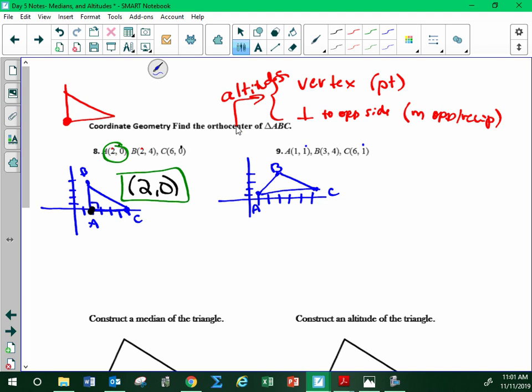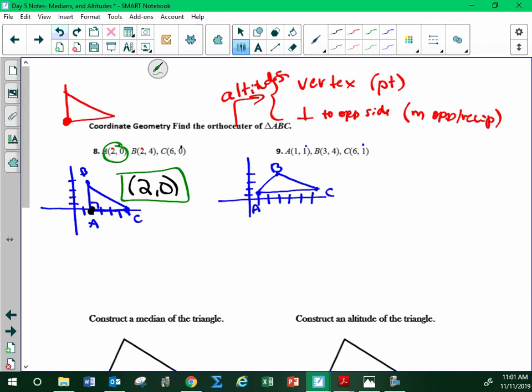That's helpful, although it doesn't look horizontal the way that I drew it there. So orthocenter comes from our altitudes, which have to be perpendicular and go through the vertex. It's up to you which 2 altitudes you decide to do.